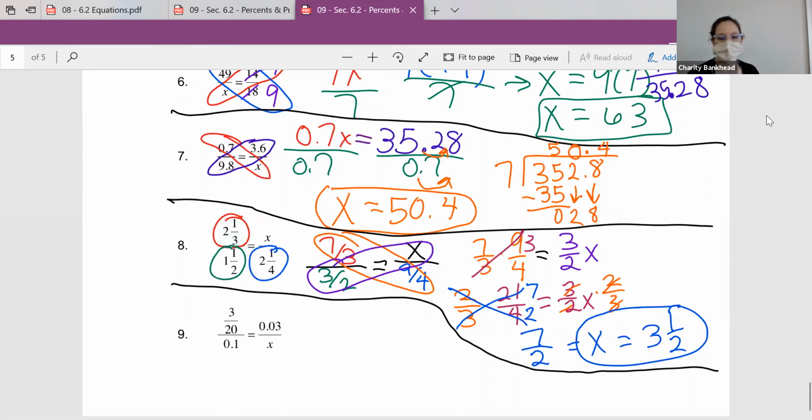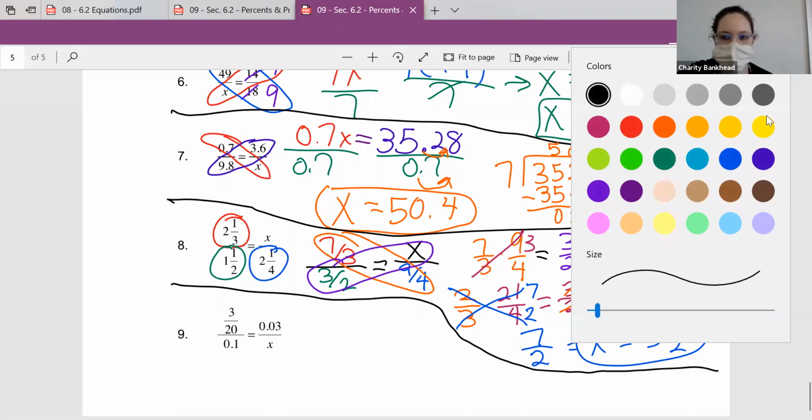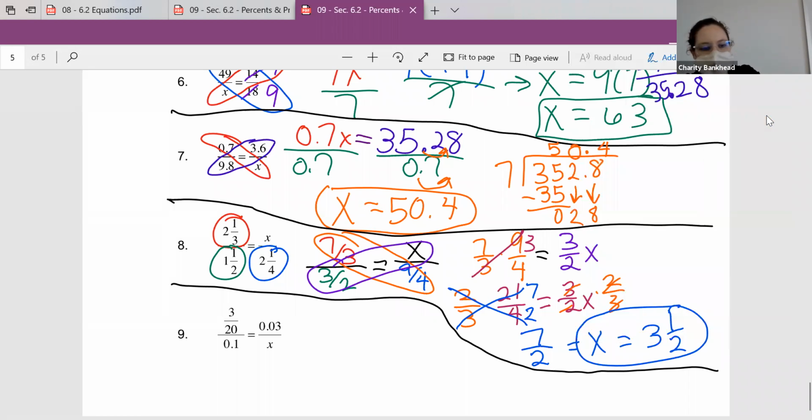All right. Let's see. So we have a fraction and we have some decimals. Probably the easiest thing is to just change that fraction to a decimal. I can multiply 20 times 5 to get 100. So let's multiply that by 5/5.